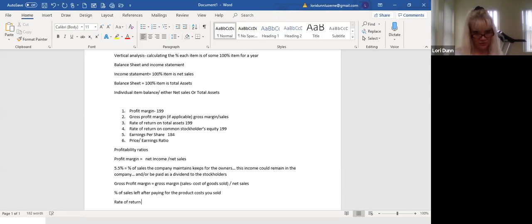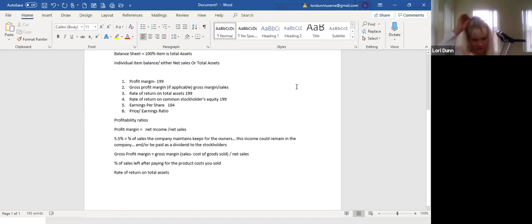Rate of return on total assets. The way you could think of this is you have a savings account. The savings account is comprised of a couple different components, just like any investment is. The investment or deposit you make. Let's say you make a $1,000 deposit. The next is your rate of return, which is your interest rate.